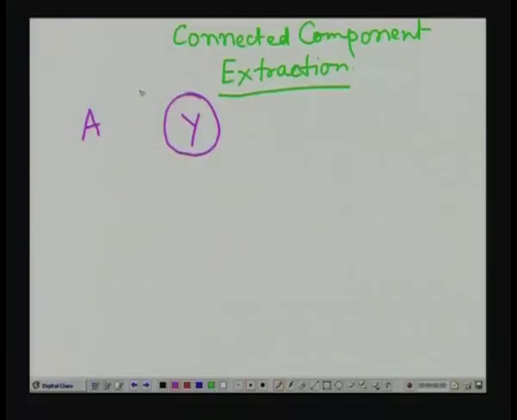Here again we will use a similar kind of iterative algorithm.